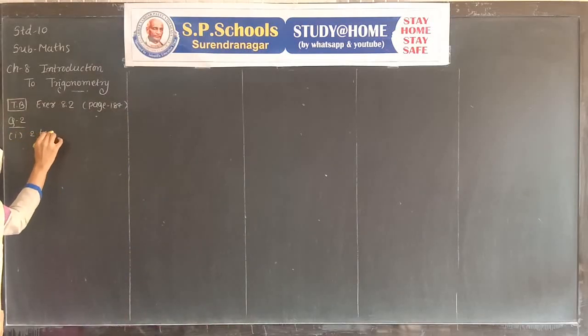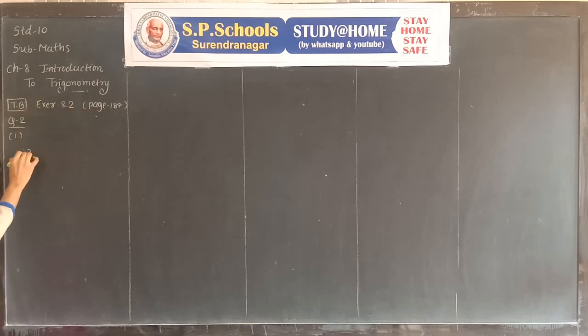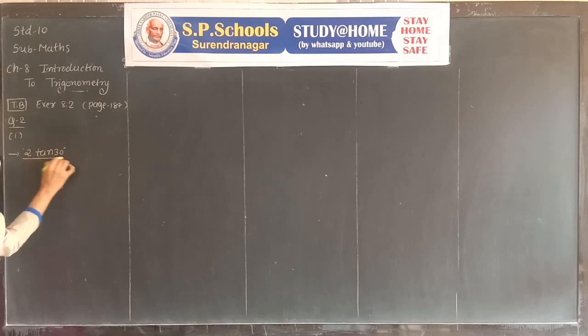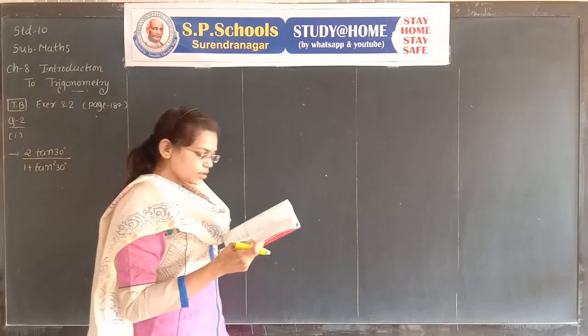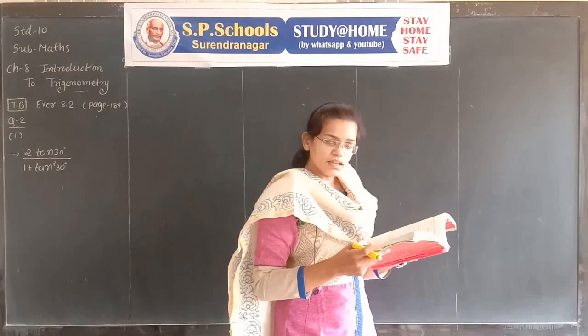2 tan 30 upon 1 plus tan square 30. There are 4 options: sin 60, cos 60, tan 60 and sin 30.